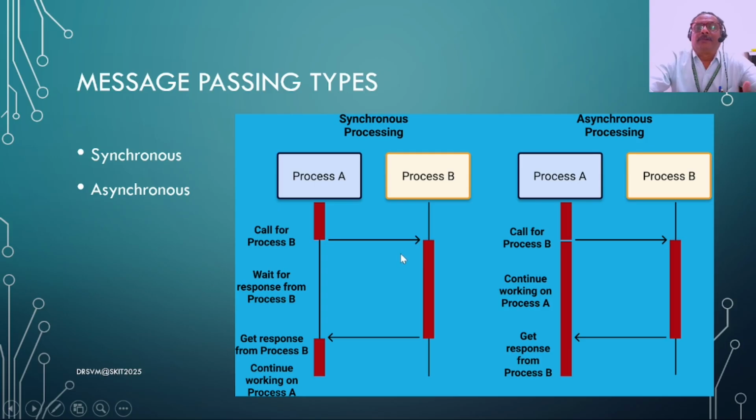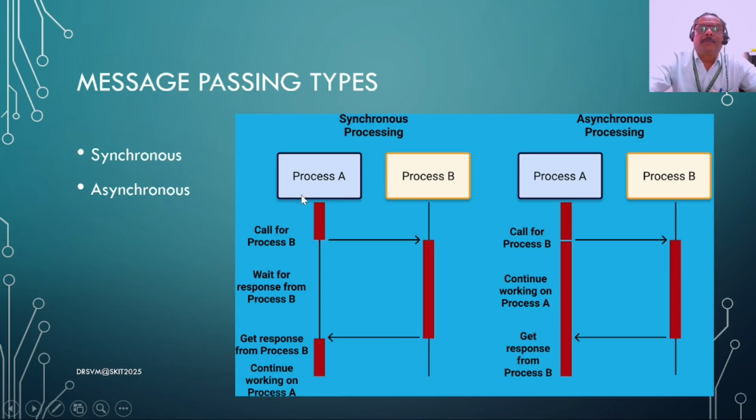So pictorially we can say process A wants to communicate with process B. If it is synchronous processing, then process A calls process B and sends a message to process B, and process B will be working on that message, and then it will send back a response that it has received the message.